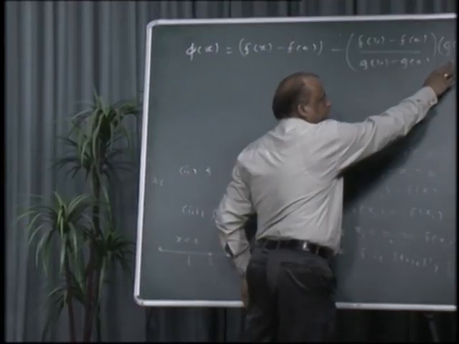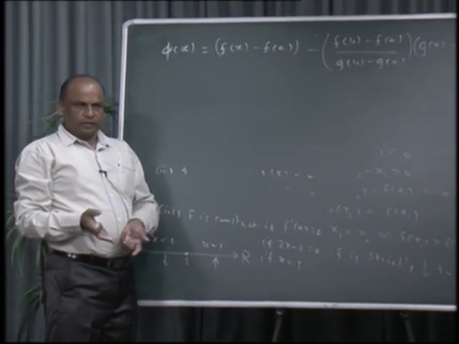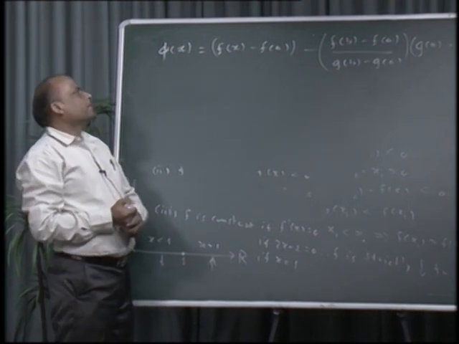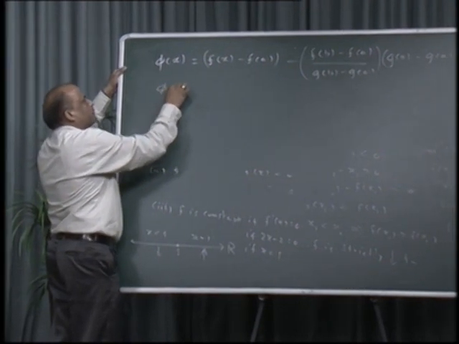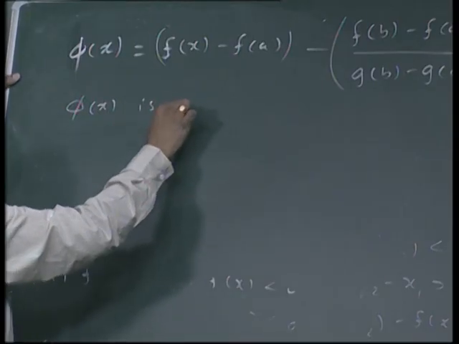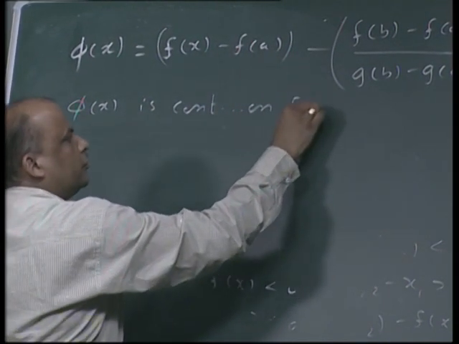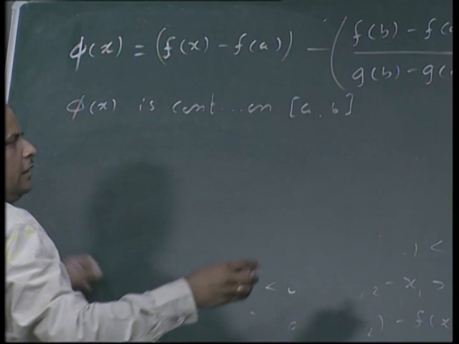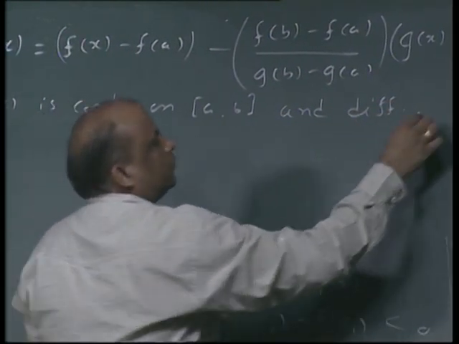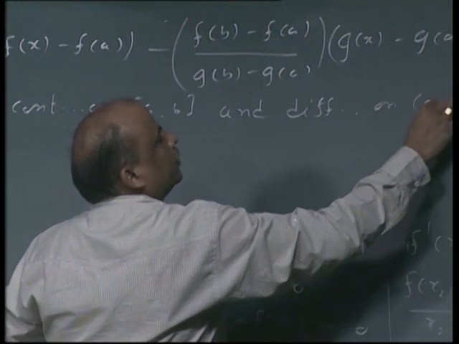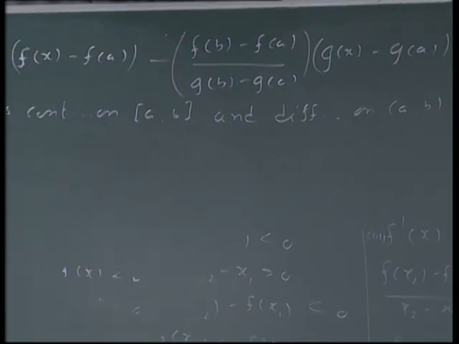My function g(x) is also continuous on closed interval [a, b], differentiable on open interval (a, b), and therefore my function phi of x is continuous on closed interval [a, b] and differentiable on open interval (a, b). So, it satisfies two conditions.